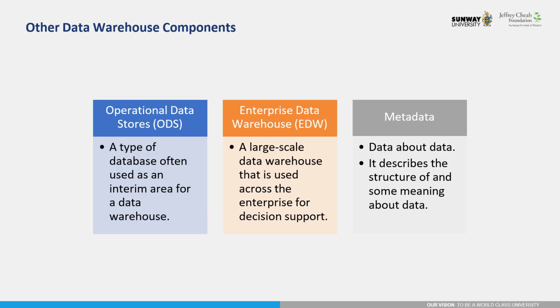So we are learning about the data mart components, like we have operational data stores, enterprise data warehouses, and also metadata. If you're talking about the ODS, this is actually a type of data set often used in the staging area for the data warehouses. On the other side, enterprise data warehouses are large-scale data warehouses used across the enterprise for decision support.